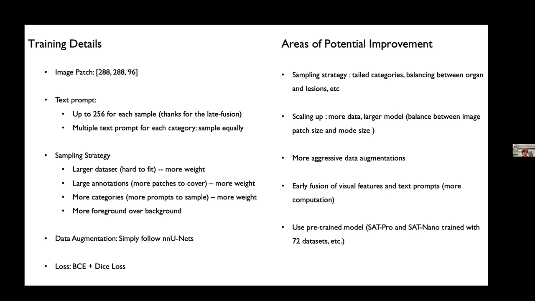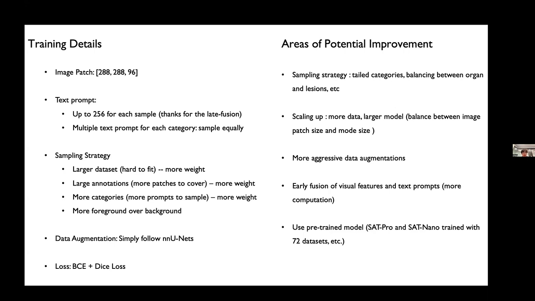The sampling strategy is an important detail. Here we take some intuitive strategies in this stage. For example, we give more sampling weight to larger datasets because they are typically harder to fit, and we give more weight to patches with more or larger annotations because we need more image patches to cover this data.